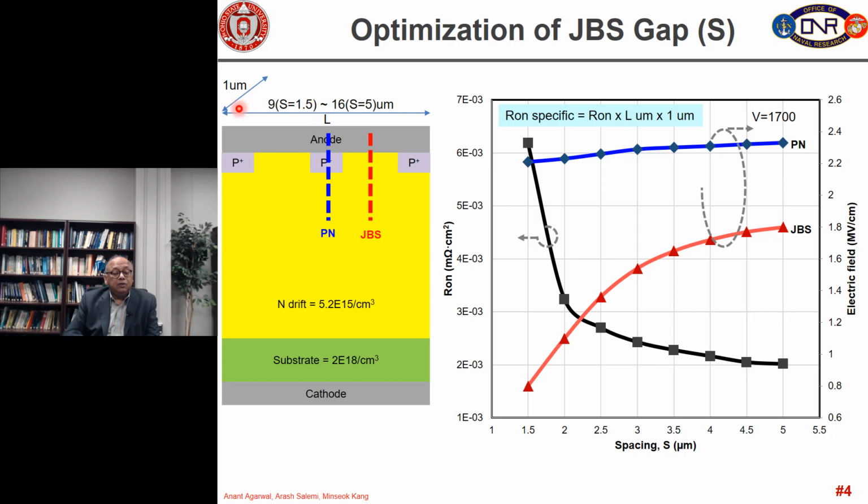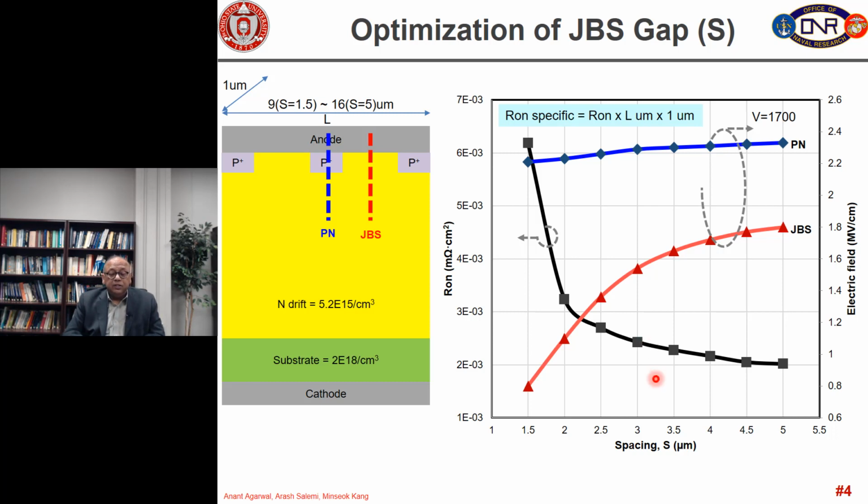So we have taken this cross-sectional area, multiplied the on resistance from the previous slide, and we have calculated the specific on resistance as shown by this equation here, and we have plotted this specific on resistance with the black line here as a function of spacing.